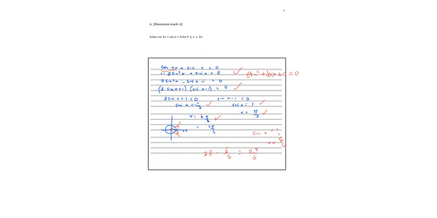Since it's sine, if this is 11 pi over 6, the other angle is here. They have the same sign, and that is 7 pi over 6. So how do you get that 7 pi over 6? The reference angle here is pi over 6.